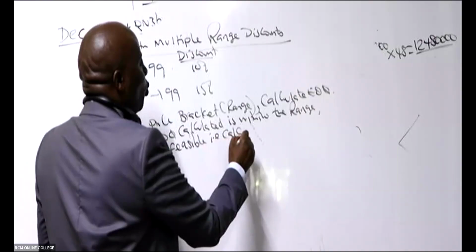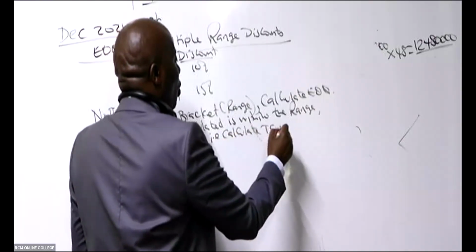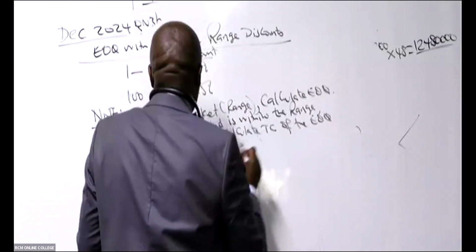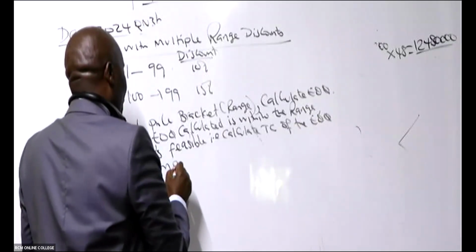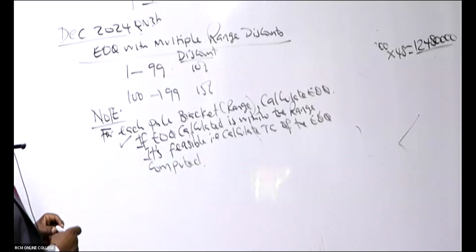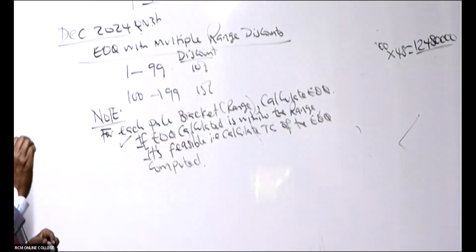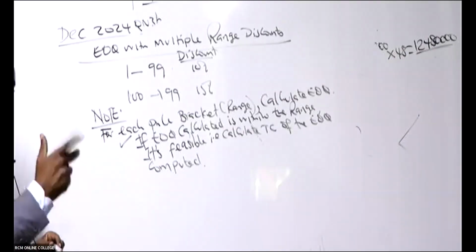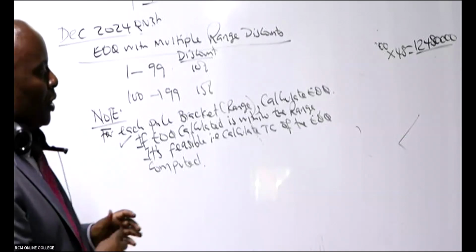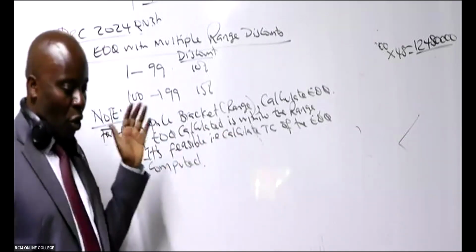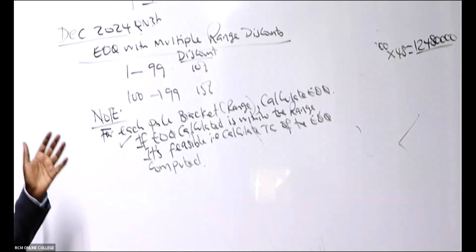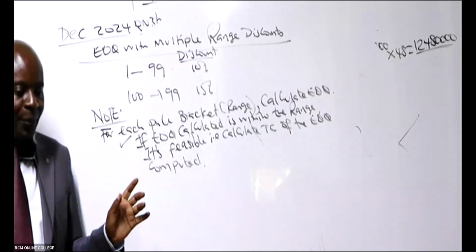I.e., calculate the total cost of the EOQ computed. If EOQ calculated is within the range, it is feasible. Feasible means good, practical. Calculate the total cost of the EOQ computed. That is number one.